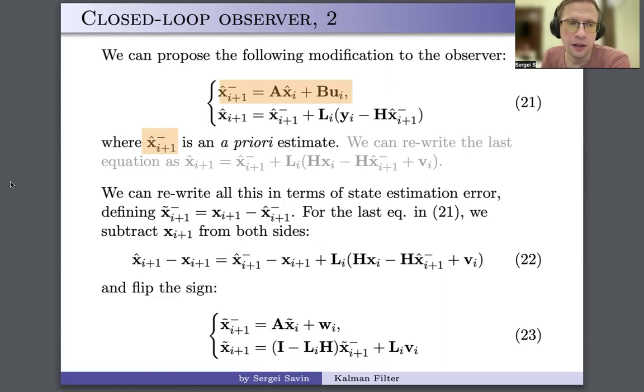Now we have a separate second equation, where we have our estimation after measurements. Sometimes we call it a posteriori, but you just call it x hat.